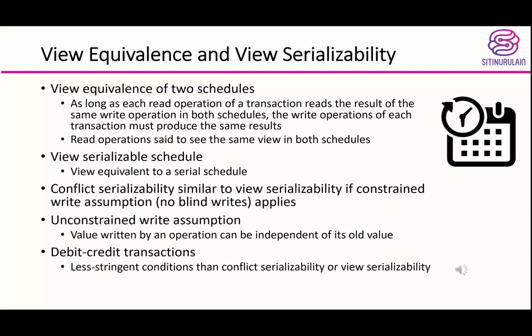Conflict serializability is similar to view serializability if the constrained write assumption, no blind writes, applies. Unconstrained write assumption: the value written by an operation can be independent of its old value. Debit-credit transactions have less stringent conditions than conflict serializability or view serializability.